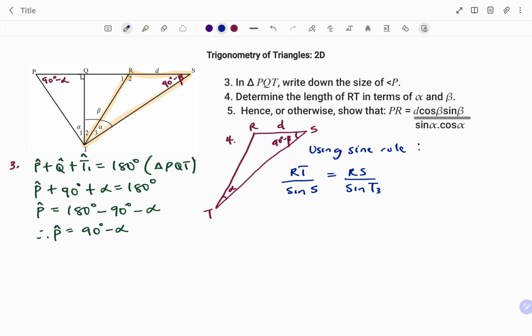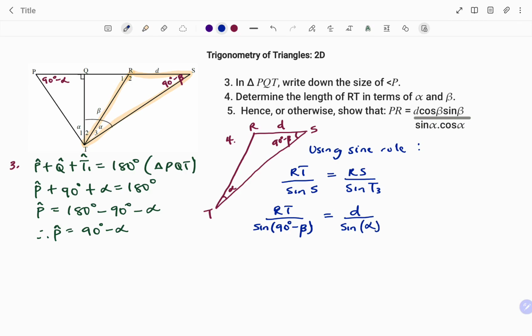Slotting in my parameters, I have RT, which is the missing side, over sine of angle at S, that's 90 degrees minus beta, equals the line RS, that's D kilometers, D over sine of angle at T3, that's alpha.